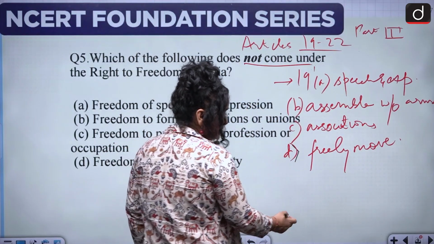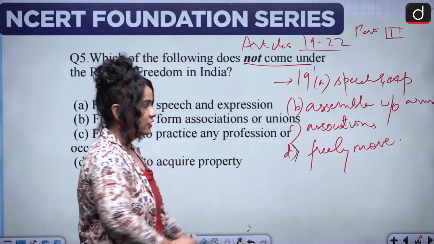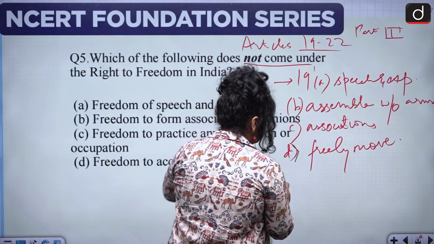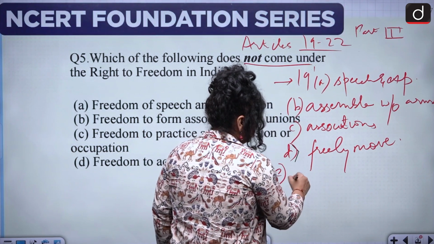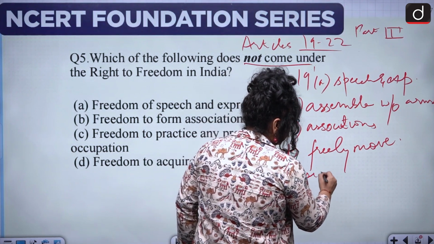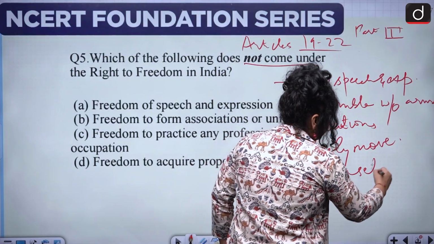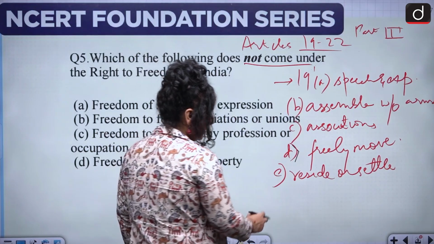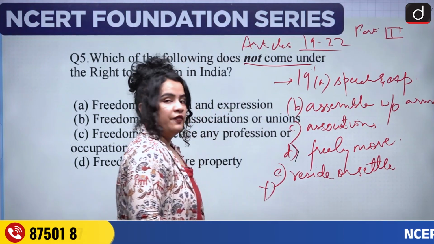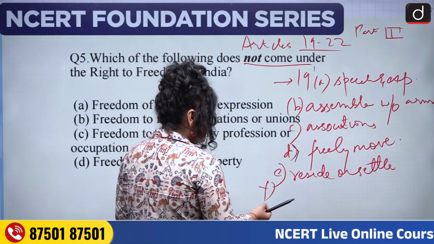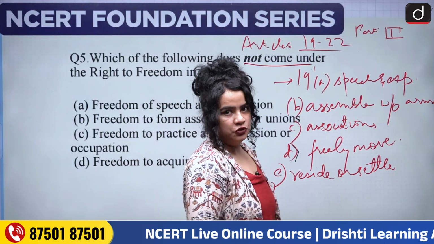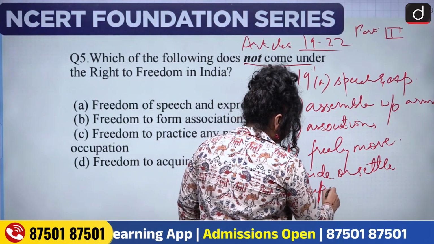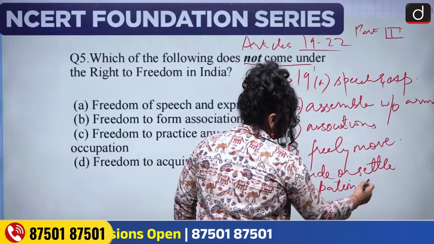Next, slightly different from this one, which talks about the right to move freely throughout the territory of India, the next provision talks about the right to permanently reside or settle in any part of India. And finally, there is the right to carry out any profession, or to run any occupation, trade or business.